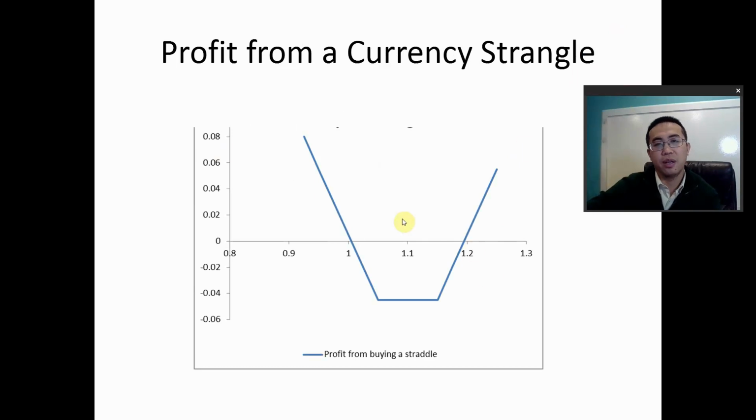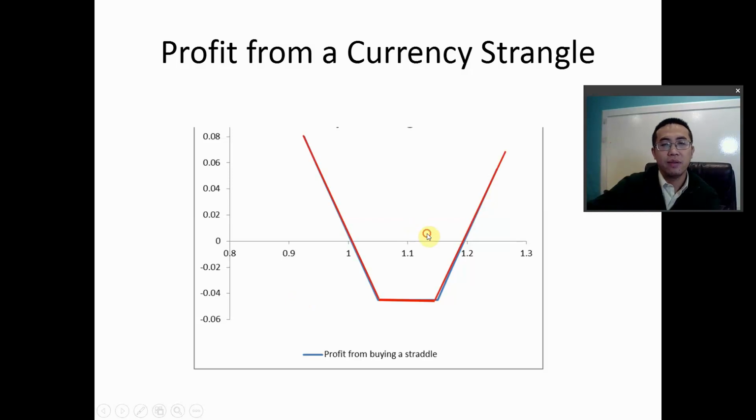This is the shape of the profit from a currency strangle. As you can see, it looks like a strangle. That's the hand gesture if you are a floor trader on the CME. It's like you strangle yourself to death. So that's the shape of this curve.